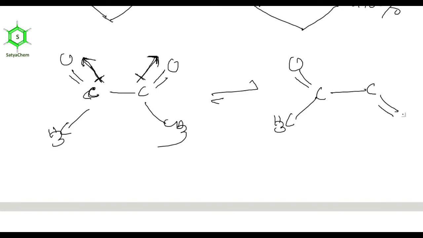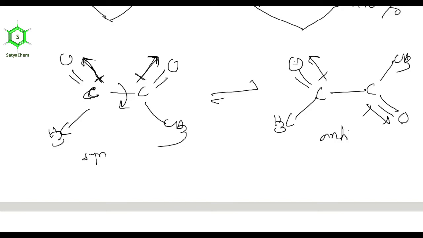It will rotate by 180 degrees. Here the C=O groups are in syn orientation, but in anti-orientation the dipolar repulsions cancel each other out.